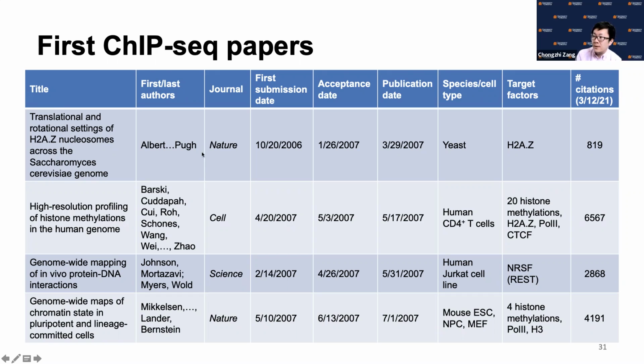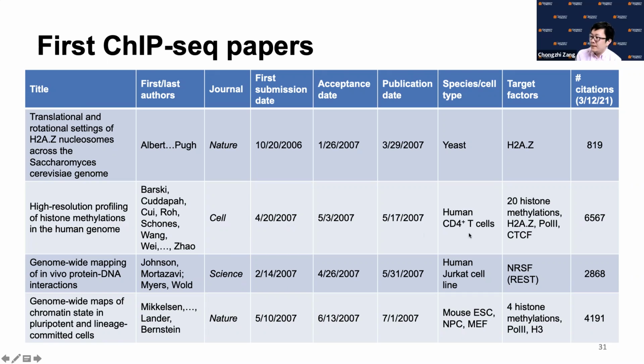Frank Pugh's paper was published in Nature a few months earlier than the other papers, but they did the experiment only in yeast. The Zhao group and the Barbara Wold group developed this almost back-to-back, publishing within a few weeks of each other.